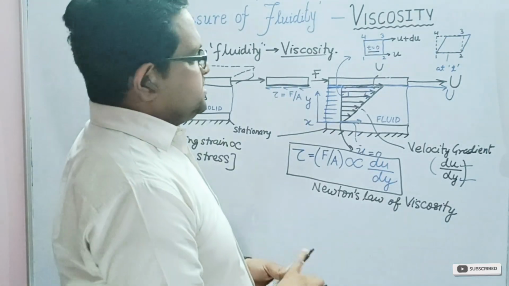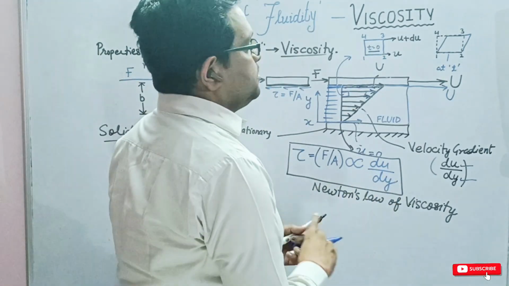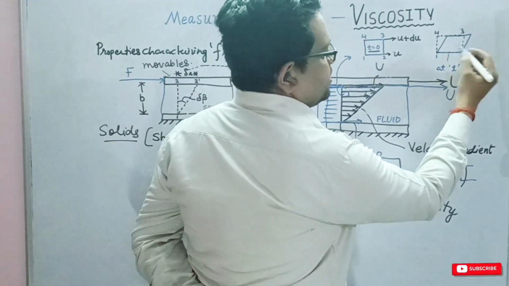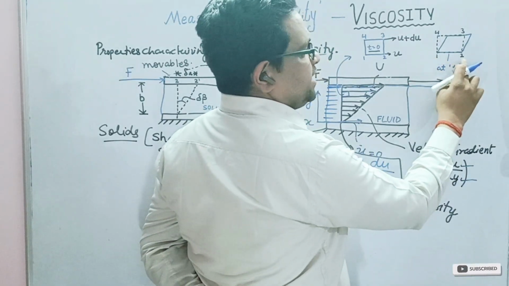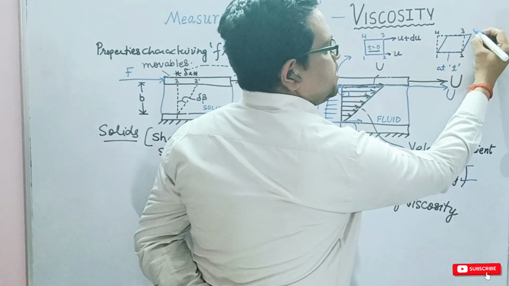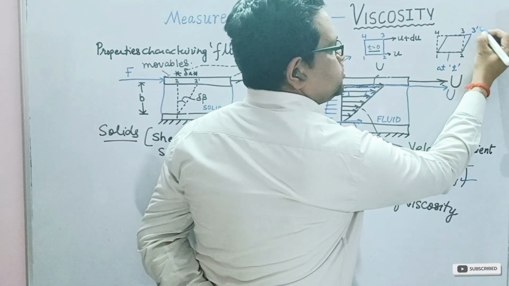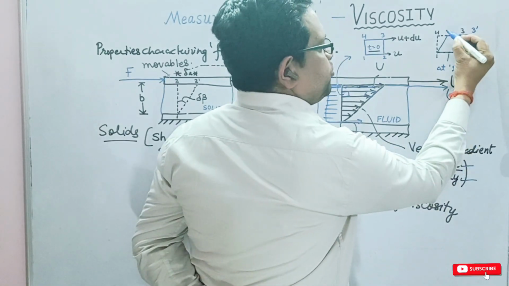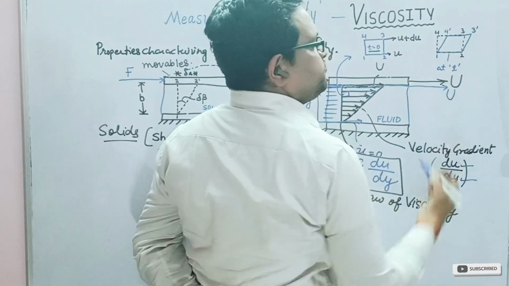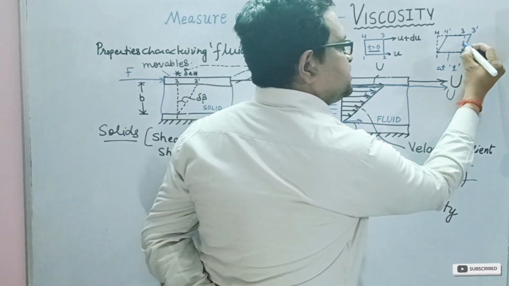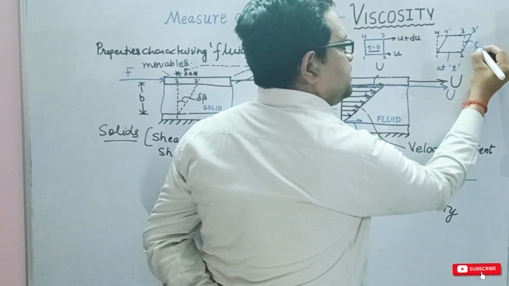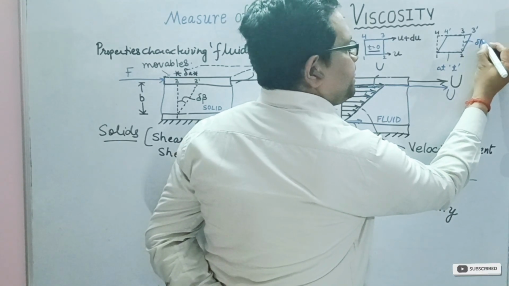Point 1 is the same, point 2 is the same, but 3 has traversed to another position 3 dash, and 4 has traversed to another position 4 dash, and this angular deformation, let us represent it as del beta.